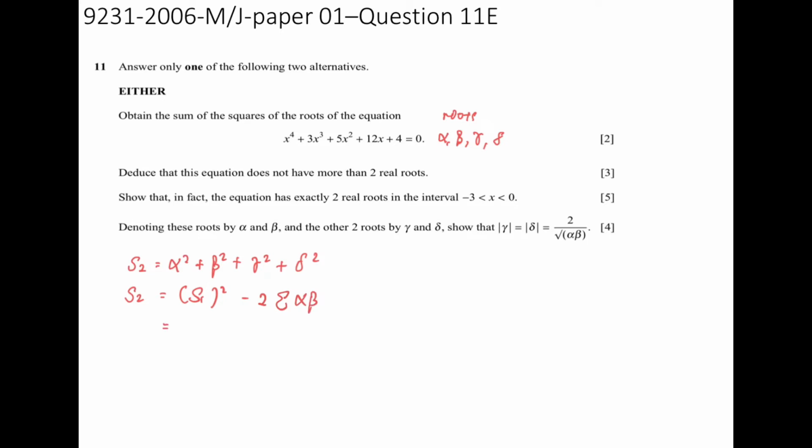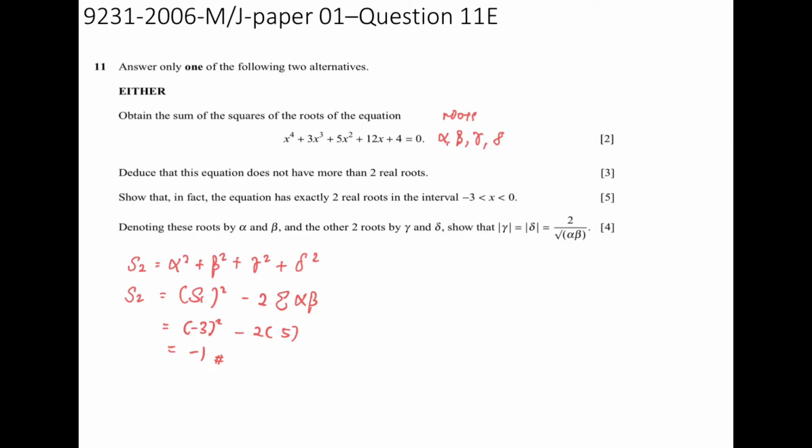Okay, so sum of alpha beta is actually, you can see it from here, 5. It's 5, as you can see the coefficient of x to the power 2, 5. So you can put 5 here. S1 is actually -3, so we substitute -3 squared minus 2 times 5, so you get 9 minus 10, which is -1. So this is the answer for the first part with 2 marks.